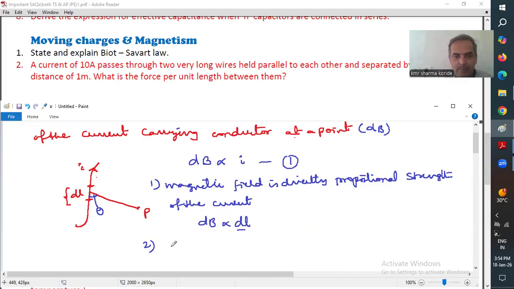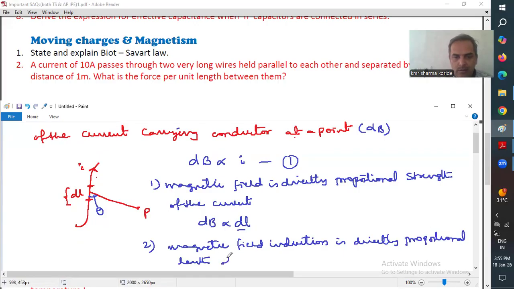So therefore, magnetic field induction is directly proportional to the length of the element.